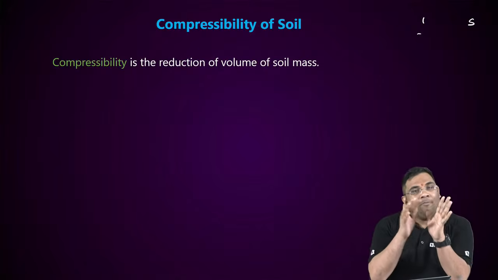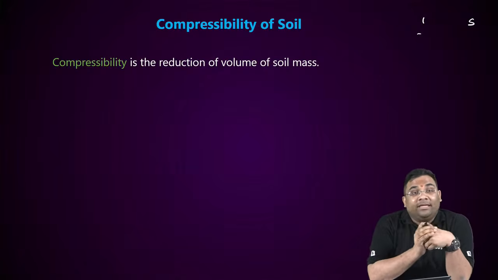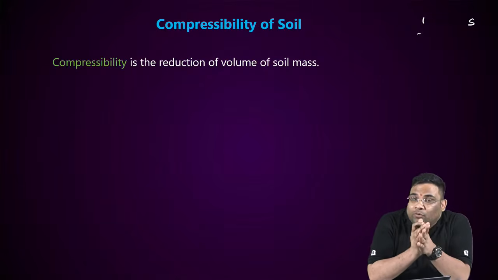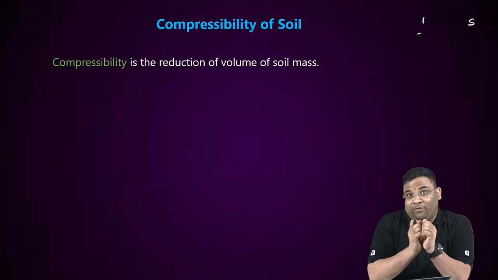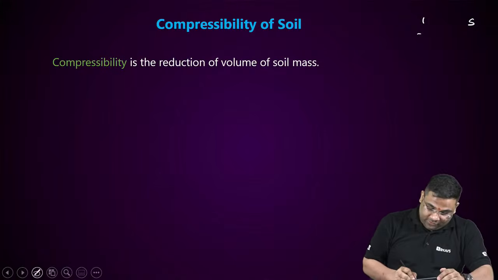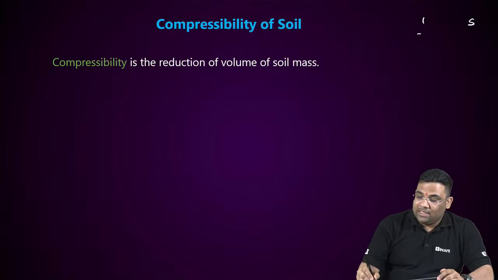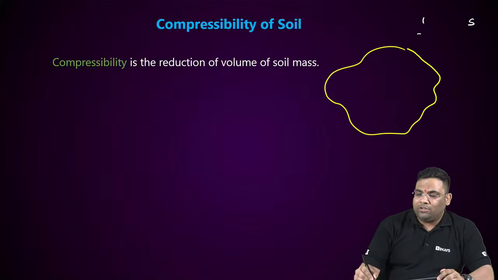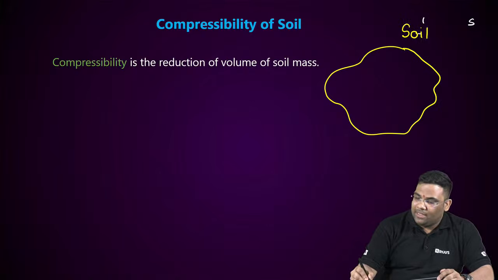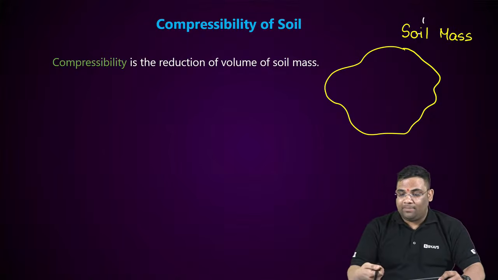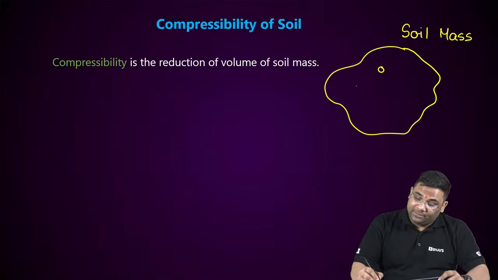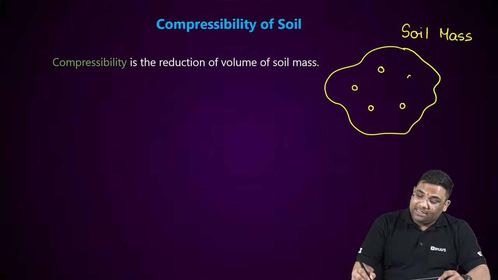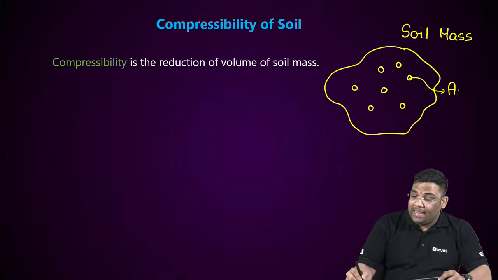Now, in how many ways can I achieve this reduction of volume? We will achieve this in 3 ways. The first way: I will draw a small soil mass. The soil mass will have voids, and inside these voids there will be air. So these are air voids.